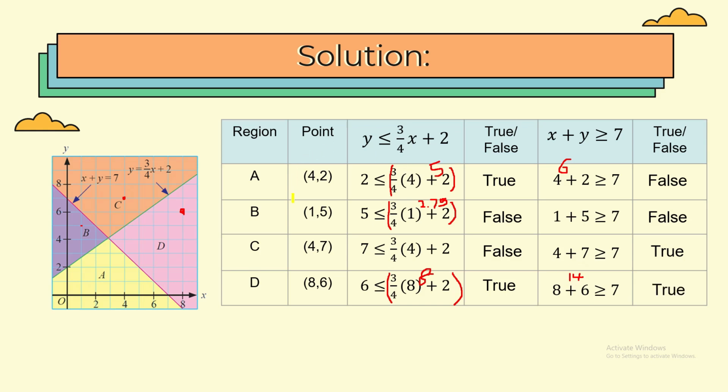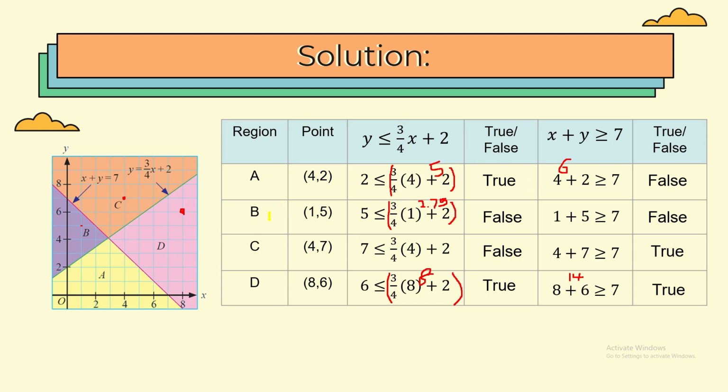Okay, from this table you need to determine which one is true for all of the linear inequalities. Which region is true for all linear inequalities? First we check region A. The first linear inequality is true, but the second one is false, so we're not gonna choose this one.